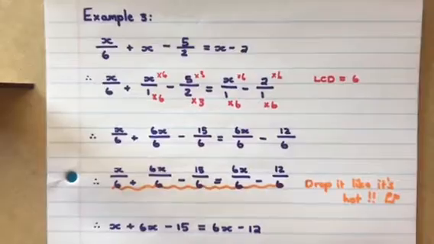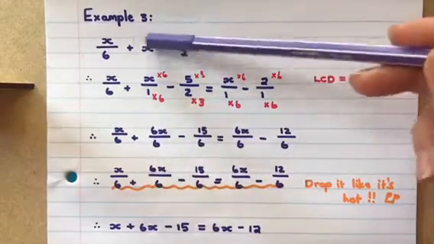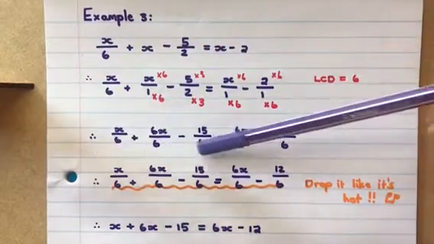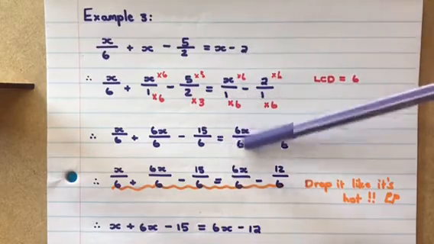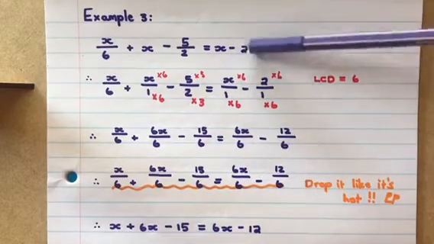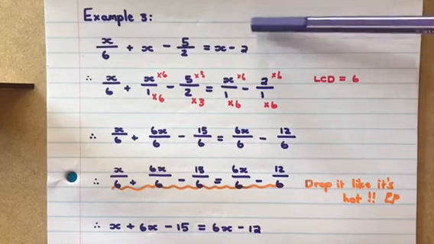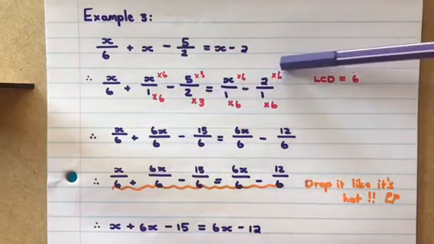Okay, so now you can see that 6x over 6 is basically x. Can you see that? We just changed the format so that we all have the same denominators. And that x is the same as 6x over 6. And have a look here, what is 12 divided by 6? It is 2. Okay, so please don't change the denominator and not the numerators.